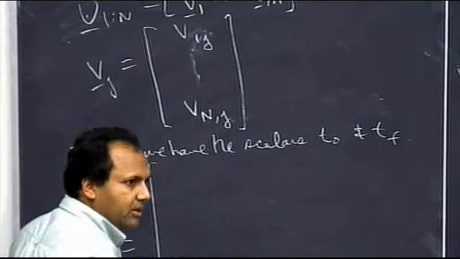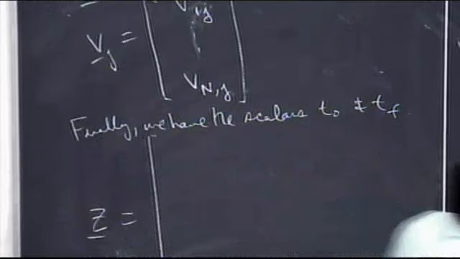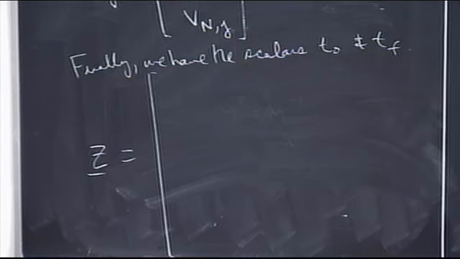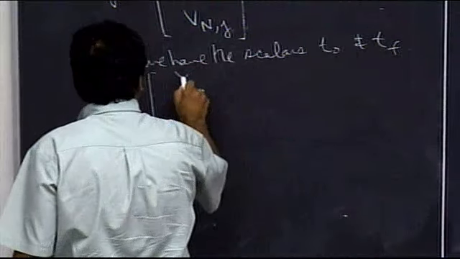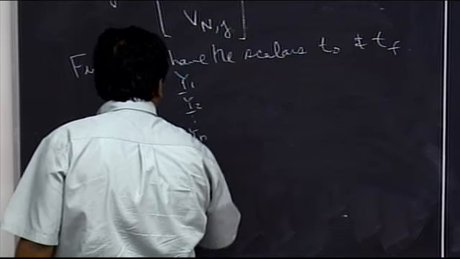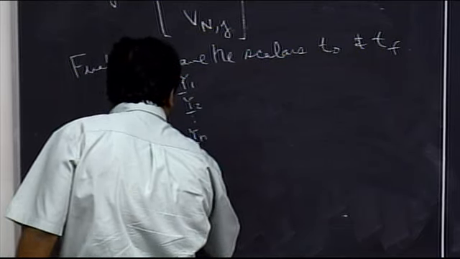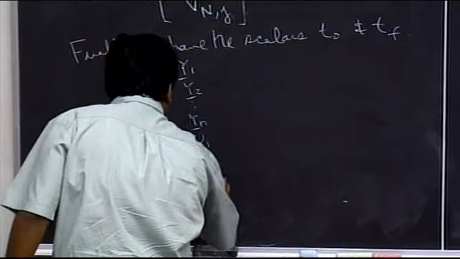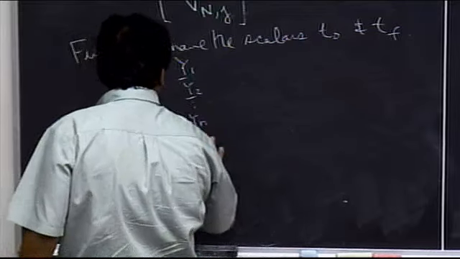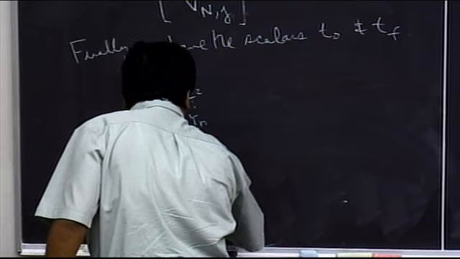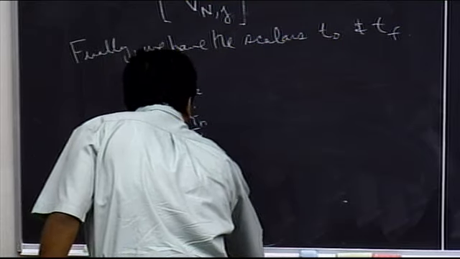So my NLP decision vector Z would look like this. Remember, I'm stripping this all into a large column. It's going to be each of these yj's all stacked on top of one another: y1 stacked on y2 and so on up to yn, and then u1, u2, all the way down to v1, v2, up to vm, and then t0, and then tf.